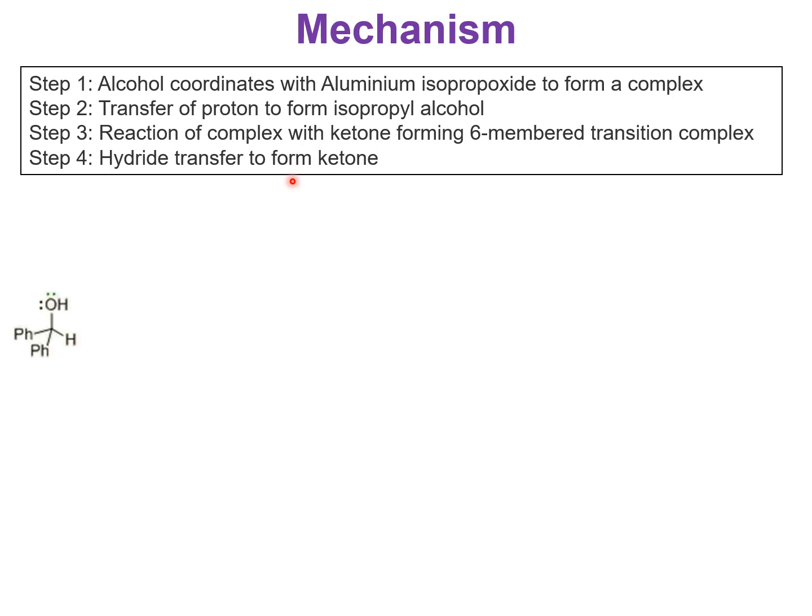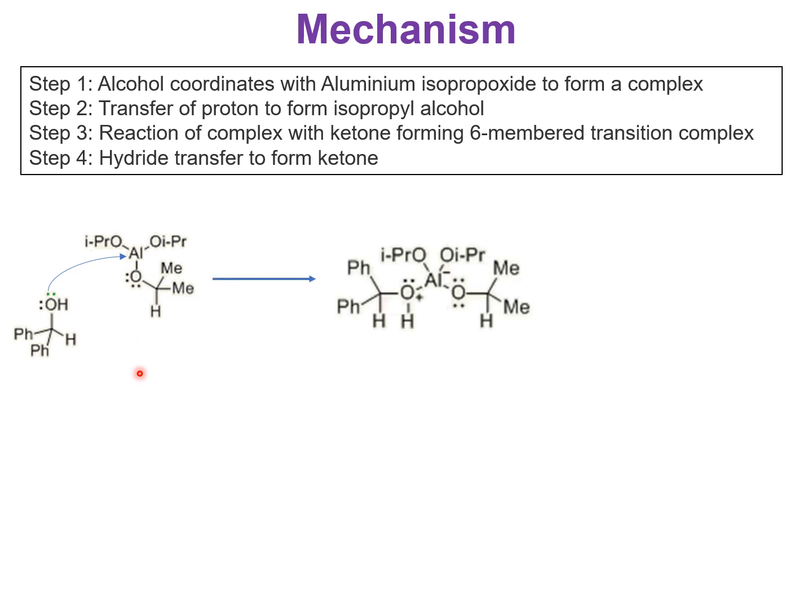So in the first step there is a reaction of secondary alcohol. Because it is a secondary alcohol, it consists of a carbon which is attached to two alkyl groups. The lone pair on the oxygen of the alcohol approaches the metal to form a coordinate bond. There occurs formation of such a complex.